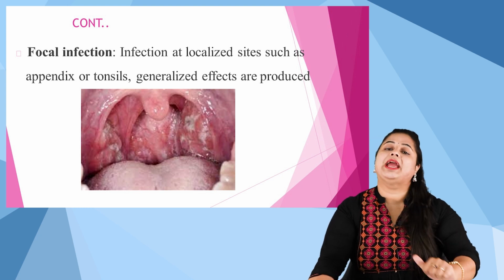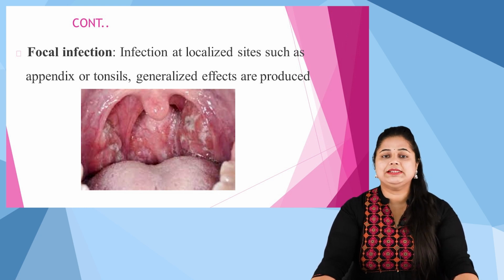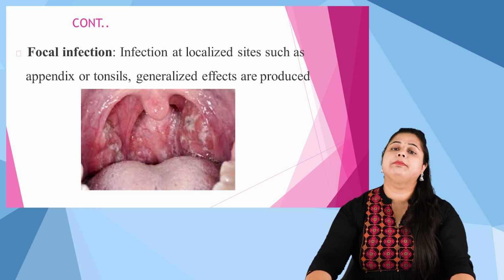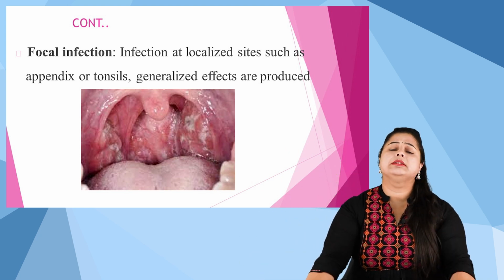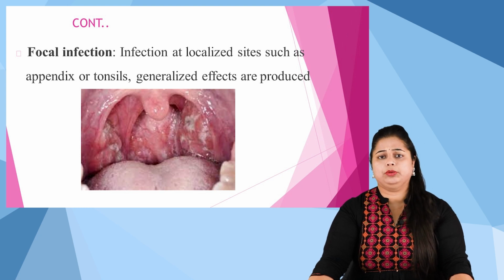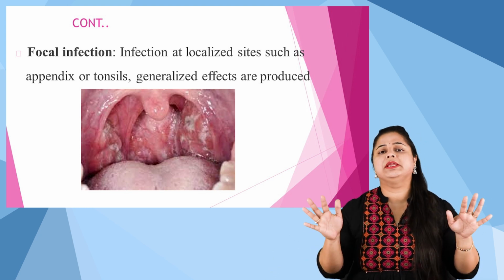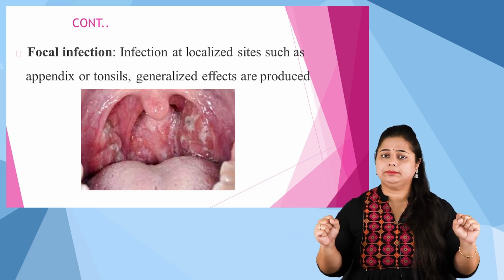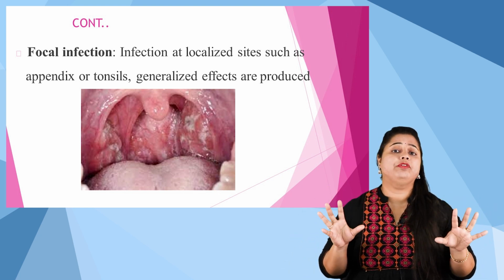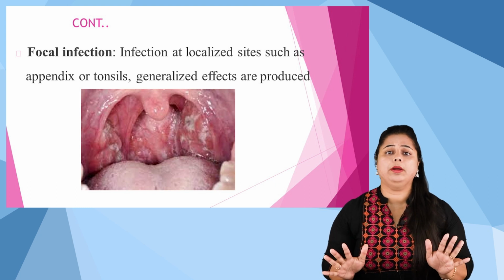An example is appendicitis, or your tonsils getting infected, called tonsillitis, and general effects are produced. They may also show symptoms, discomfort, fever, everything. But the infection is not spread over the whole body.